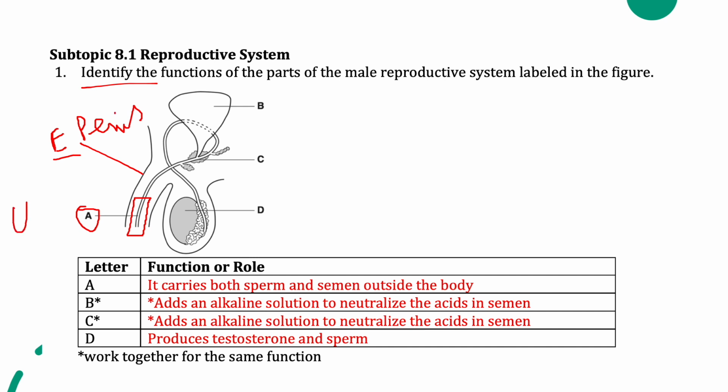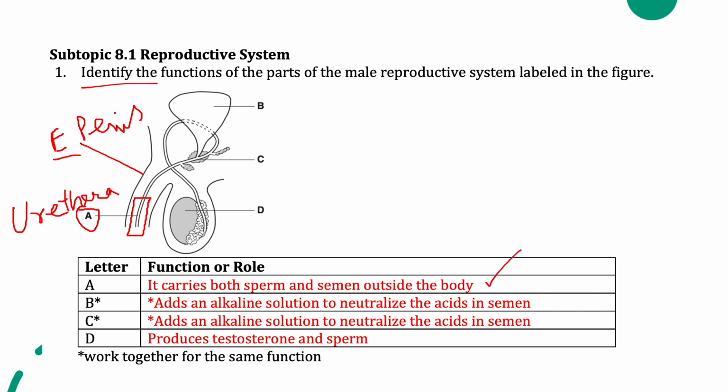So we should be able to know the labelings as well. So we will call this the urethra, and the urethra carries both sperm and semen out of the body.